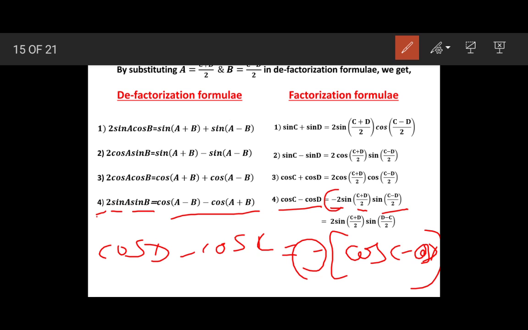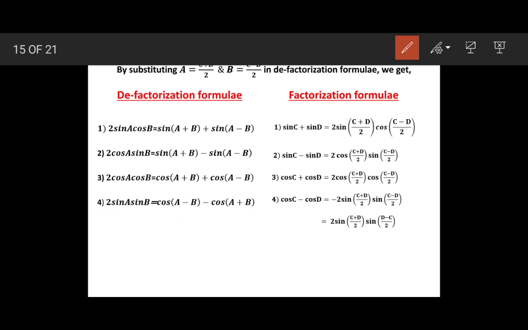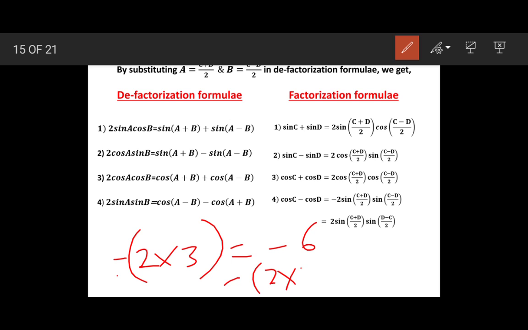Now I am taking this minus sign inside. Why? If it is minus 2 into 3, then I can say the answer is minus 6 only. So minus 2 into 3 can be written as minus 2 into 3, or it can be written as 2 into minus 3.